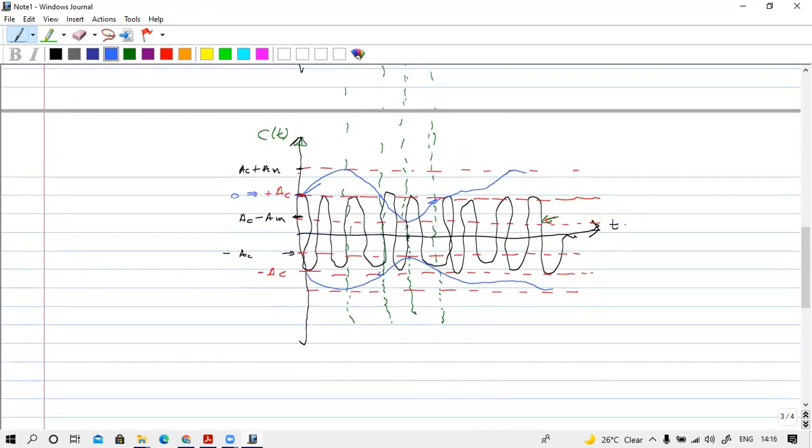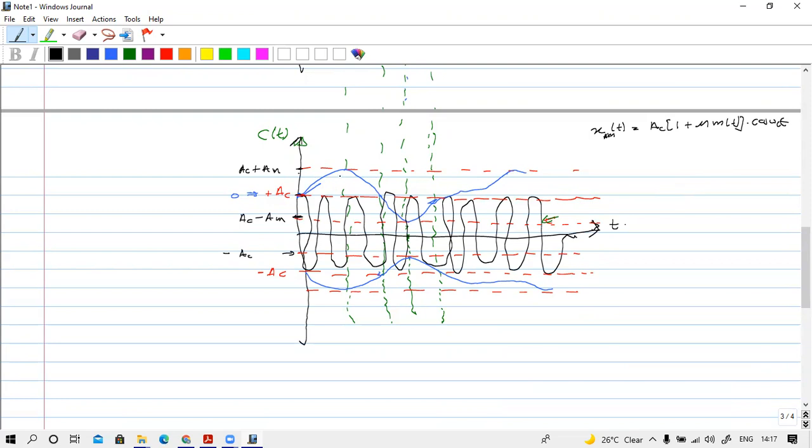If I consider that equation, I will write it again. The complete AM modulated signal is equal to AC times 1 plus mu m(t), times cos omega c t.